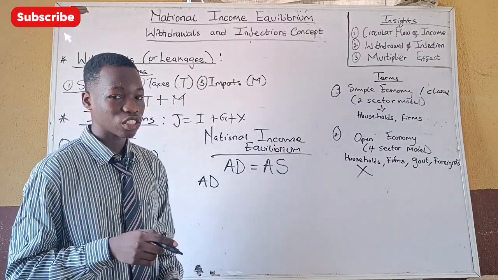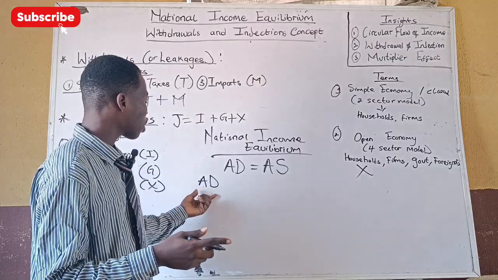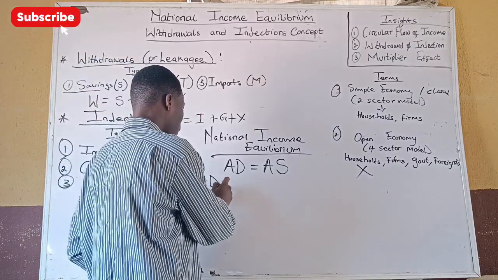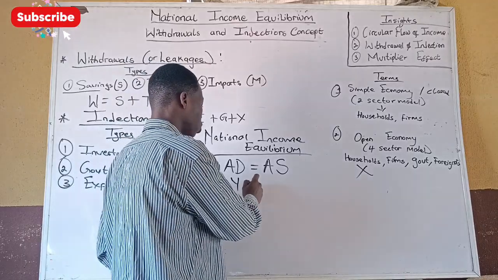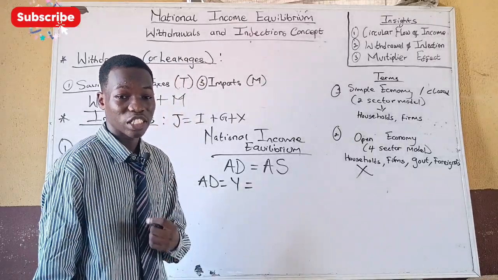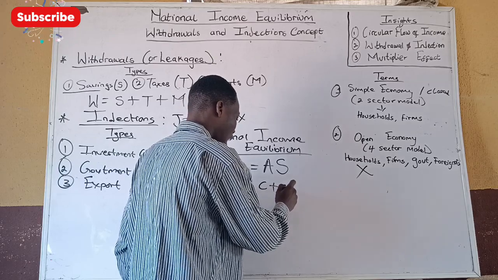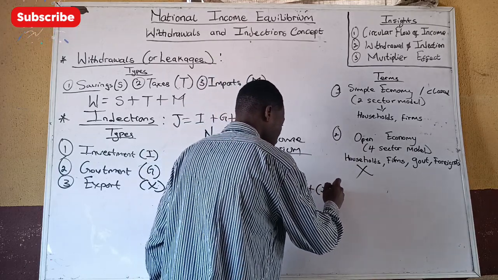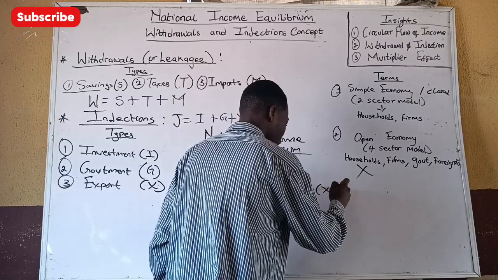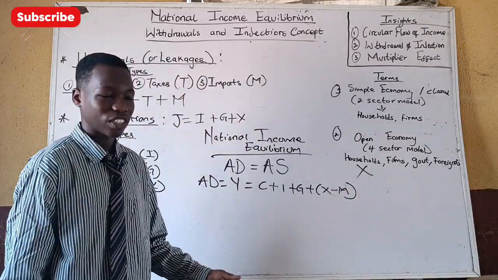Aggregate demand is the same thing as aggregate spending. So the formula is C plus I plus G plus X minus M. I hope you still remember that.